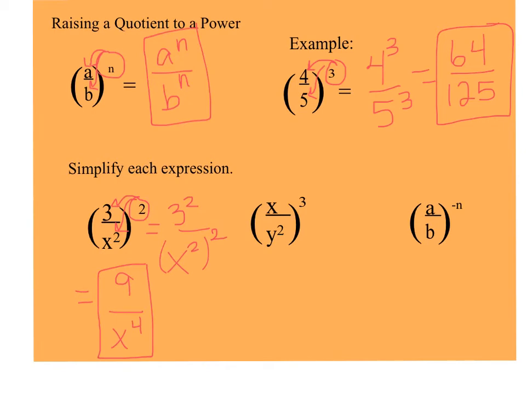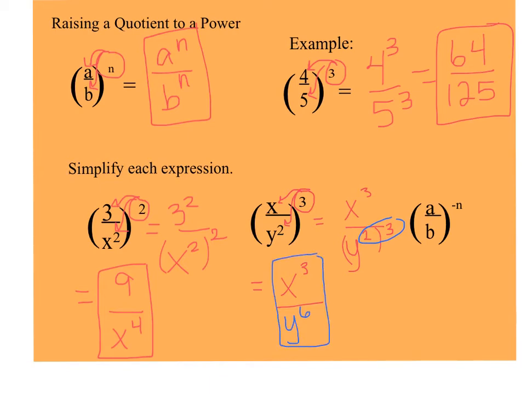In the next example, you want to distribute that exponent of 3 to the numerator and the denominator. So it becomes x cubed over y squared, which is then cubed, which can then be simplified using the power to a power rule, where these exponents actually get multiplied. So it's x cubed over y to the 6th.